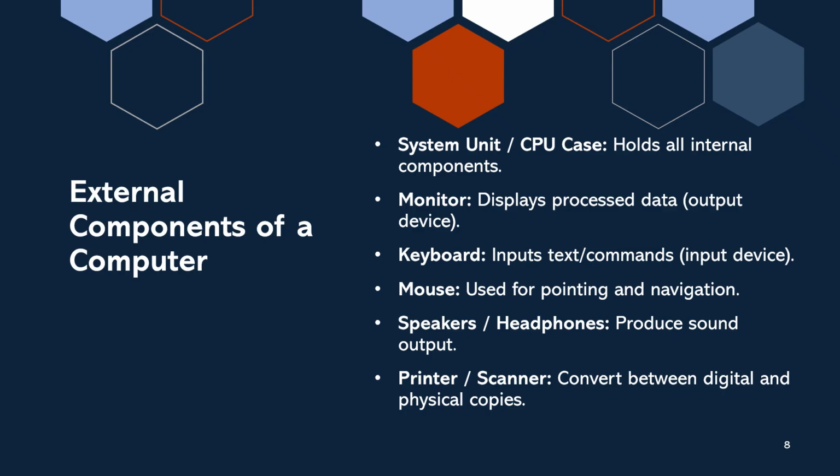Monitor displays processed output. Keyboard is used to get input in the form of text and commands. Mouse is used for pointing and navigation. Speakers and headphones produce sound output. Printer and scanner convert between digital and physical copies.